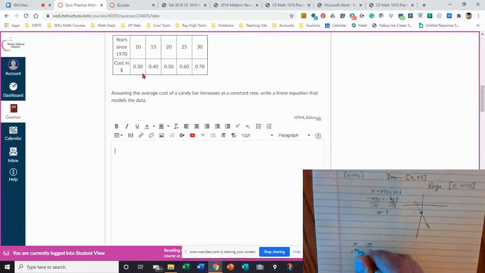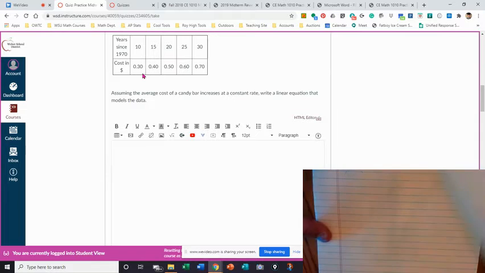So it looks like 5 years, that would be my change in x. It's increasing by 10 cents, so 10 cents every 5 years means 2 cents for every 1 year. There's my slope: 2 cents a year.